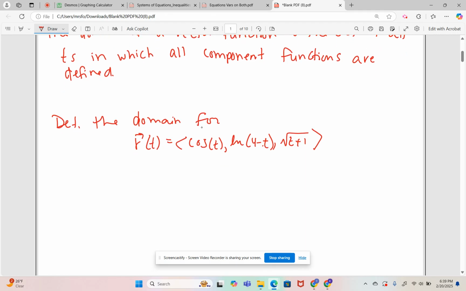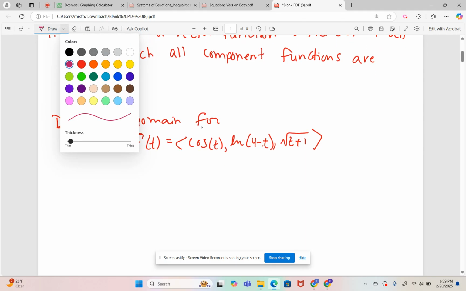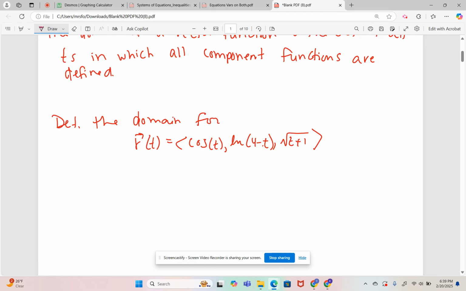If I'm determining the domain here, I have to ask myself, what can t be? So for the first component, all of the t's can be defined.